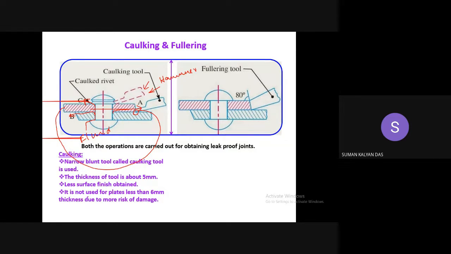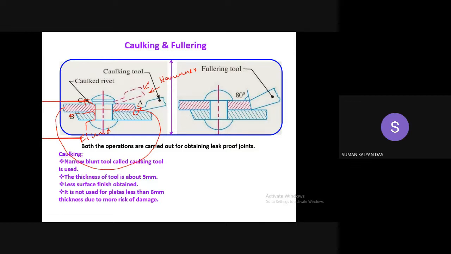It is not used for plates less than 6 mm. One thing to remember is that by hammering with this tool, there may be damage to the plate, primarily when I am hitting like this. If the plate thickness is quite low, and the person doing this operation is not skilled enough and hammers in an awkward manner, there may be a hole in the plate itself.